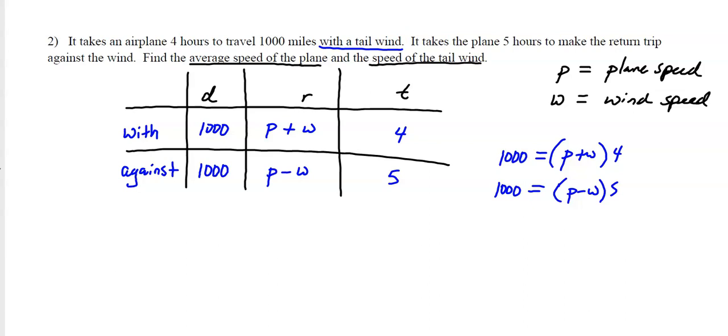And using substitution again, like we kind of did before, you're going to run into a problem, because if you put both of those next to each other, I'll just do this really fast, I wouldn't write this down. But if you try to substitute that in for 1,000, you're going to get P minus W times 5, and then you're going to get P plus W equals 4, and you have one equation with two unknowns, so you can't really do that.